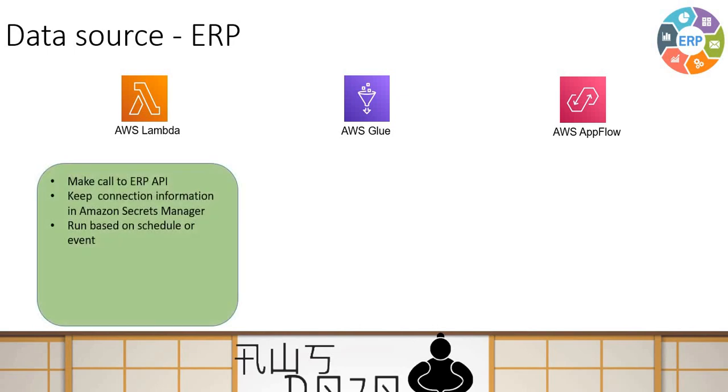In that case, your Lambda function will talk to the ERP SDK or API, if it is available for the Lambda runtime you want to build in. Then you keep your connection information in Secrets Manager and make calls to the API to fetch the data. This is a choice available, but it is not so popular. The Lambda function can then be run based on a schedule or based on an event.